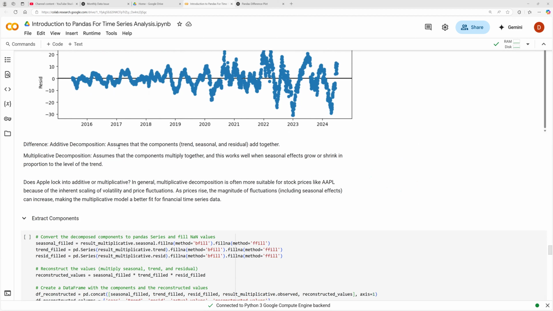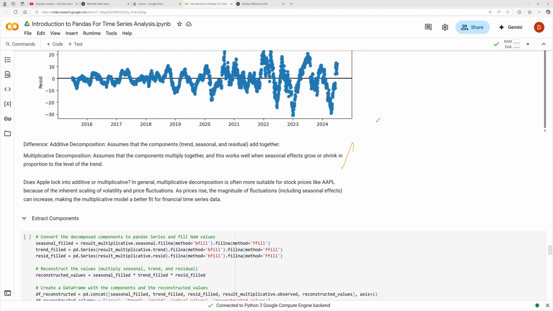Because of the inherent scaling of volatility and price fluctuations as prices rise, the magnitude of the fluctuations, including the seasonal effects, can increase, making the multiplicative model a better fit for financial time series data. What that is basically saying is that, like I was showing you, with that multiplicative trend, the seasonality grows with the trend, but we've also got something called volatility, right?